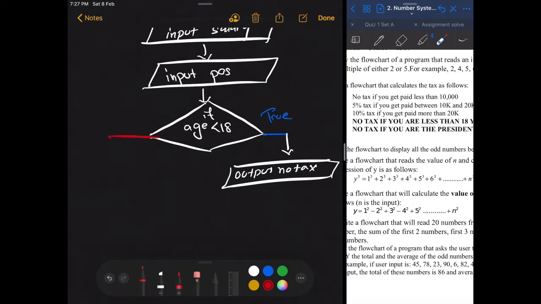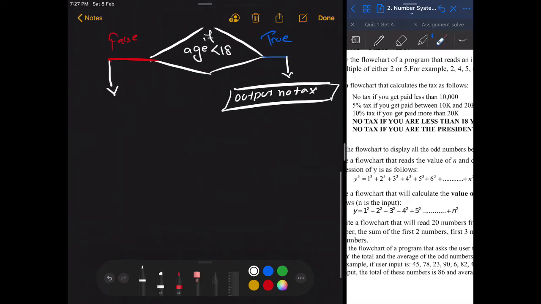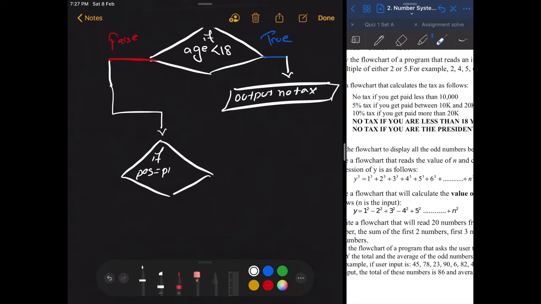However, if that is false, that means that the person's age is of course definitely 18 or more. Then we need to check for other conditions. So in the other condition, we need to check if the person is the president of the company. So if he is the president, then of course he doesn't need to pay any taxes.